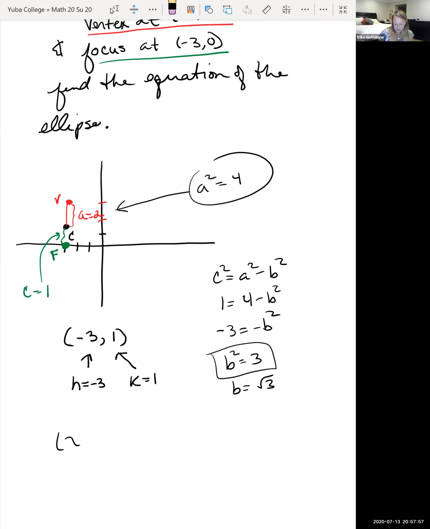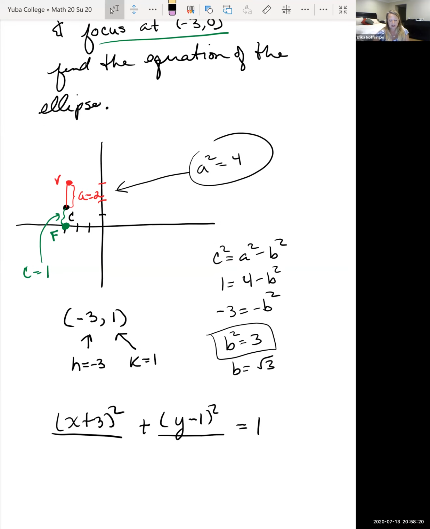So it's x minus h, x minus a -3, so that's x plus 3, quantity squared, plus y minus k, so y minus 1, quantity squared, all over something equals 1.